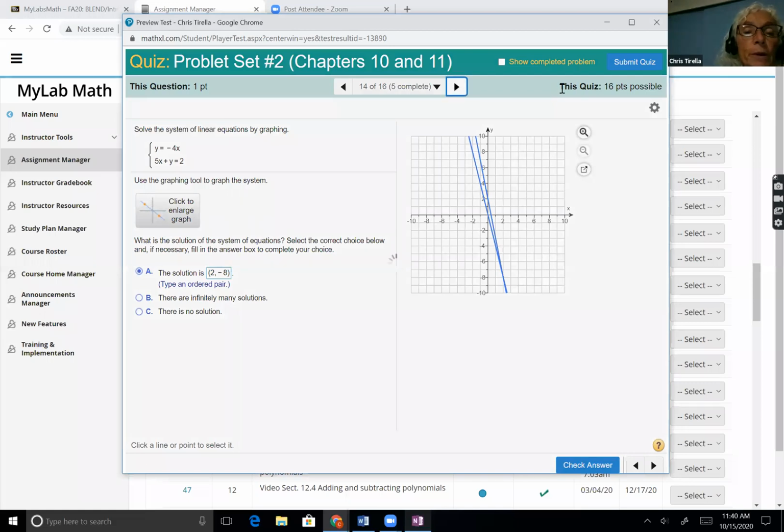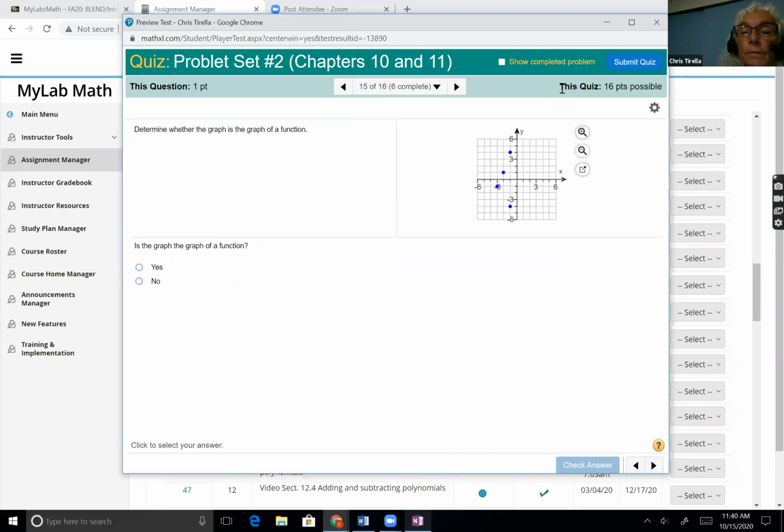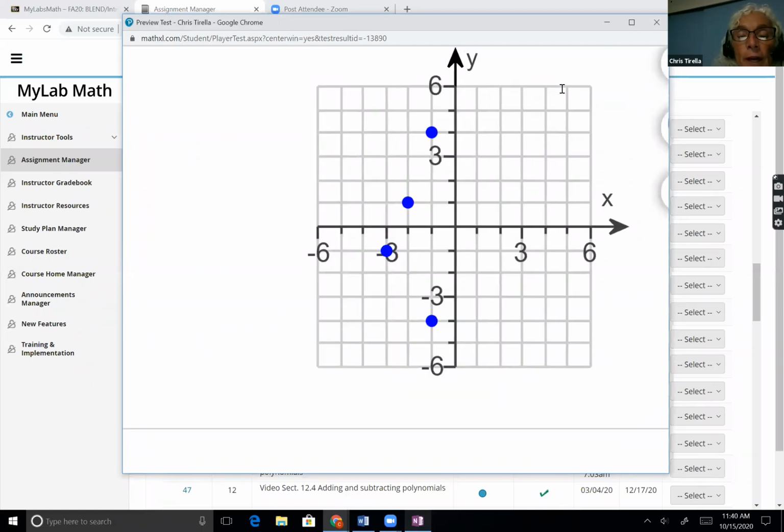What do we have? Is this a function or not? Let me make it a lot bigger. Can anybody remember how to tell if it's a function or not? If I did my vertical line test, let's see over here, the vertical line crosses once.